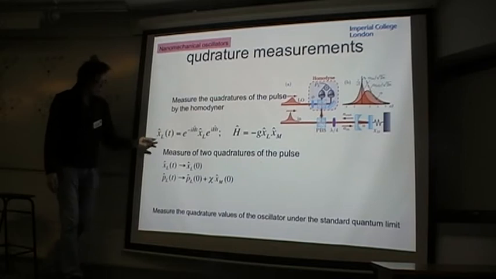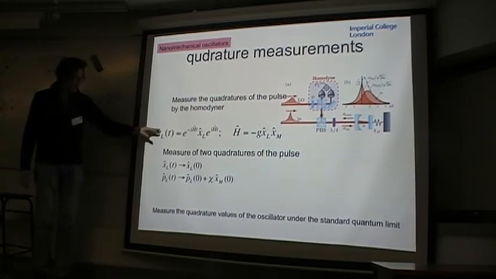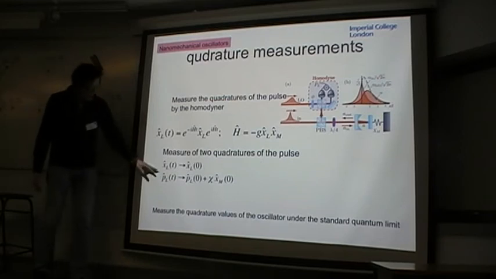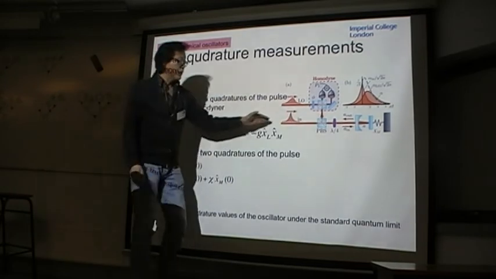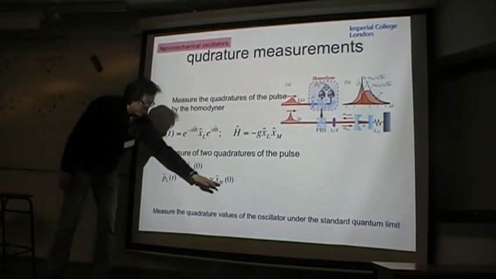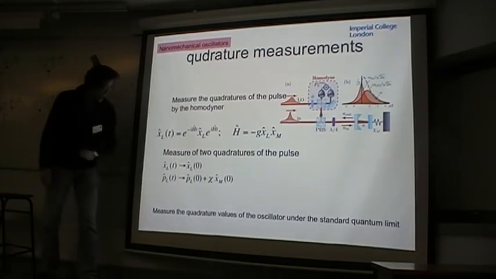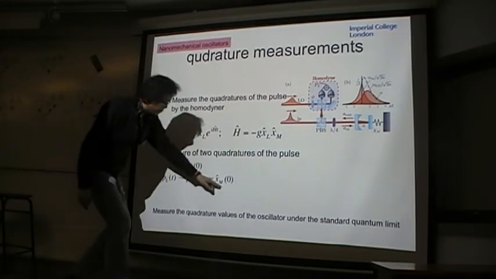Well, if we see the evolution of the x operator of the light field, it's just the same as the field going in, so it does not have any information on the mechanical state. But if we take the p operator of the light field, then it carries information on that.